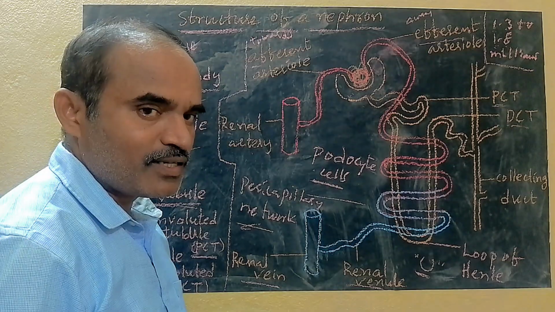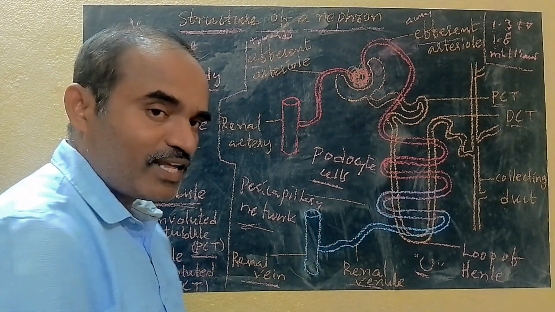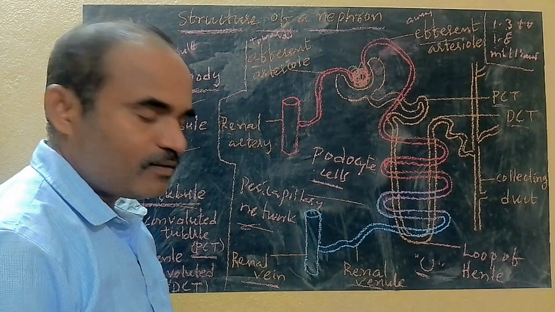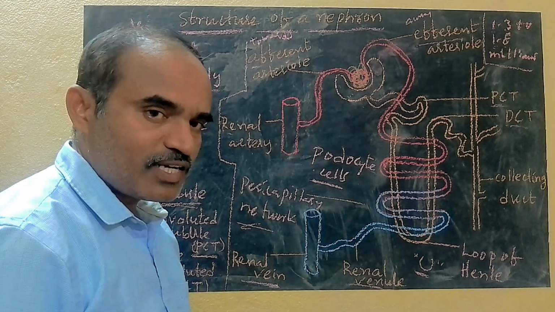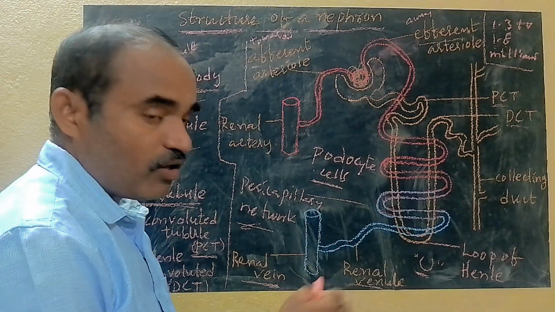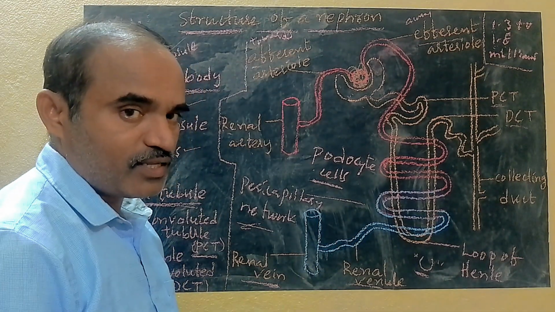The renal vein is the vein which carries deoxygenated and purified blood. Deoxygenated blood, with all the waste materials removed, is purified there.